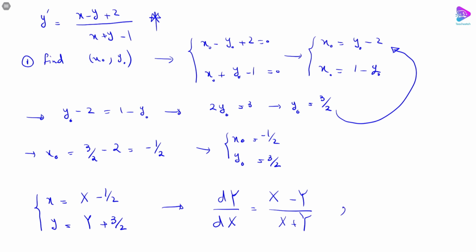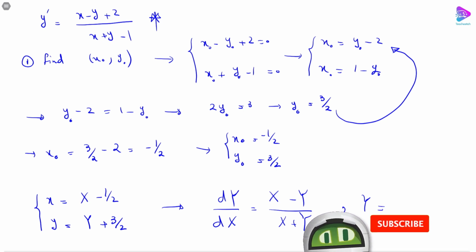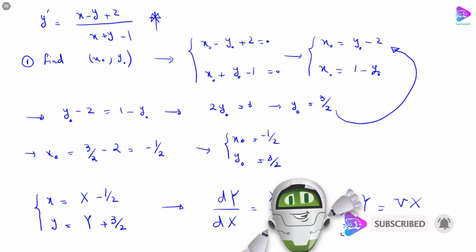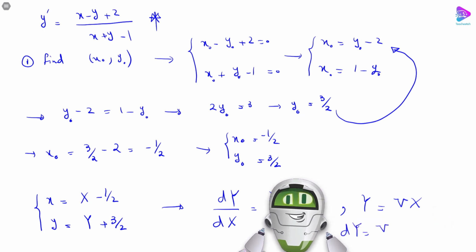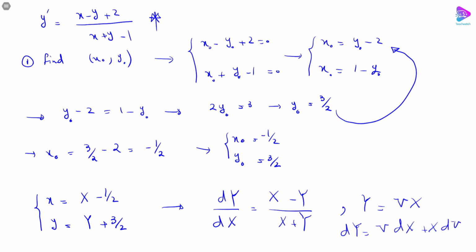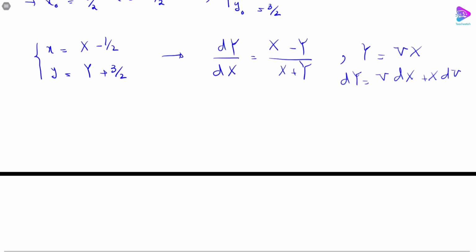And we're going to do a change of variable: y capital is equal to v x capital, and then we know dy capital would be v dx capital plus x dv. That being said, we're going to replace.